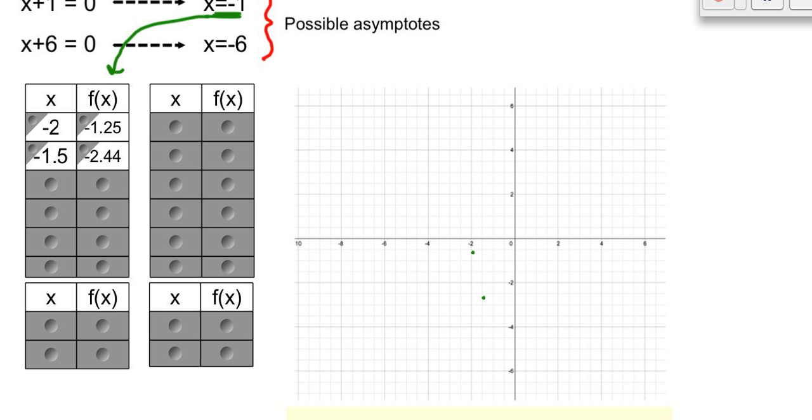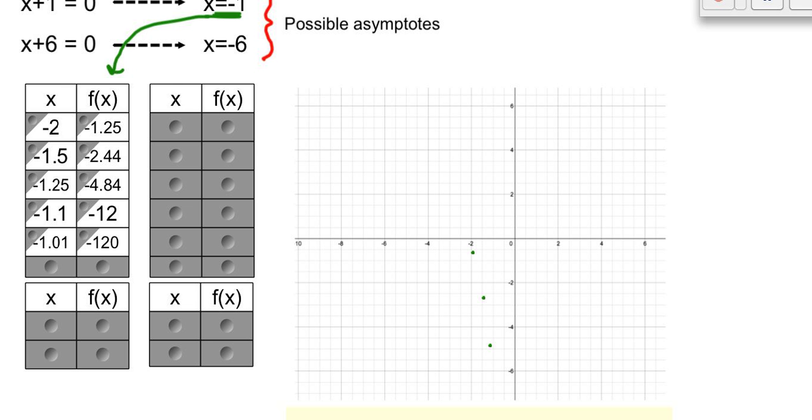You can see these are our ordered pairs, and I'm going to go ahead and graph those and see what happens. So at negative 1.25, I should be all the way down at negative 4.84, which is around there. At negative 1.1, we should be all the way down at 12. We're already off of our graph.